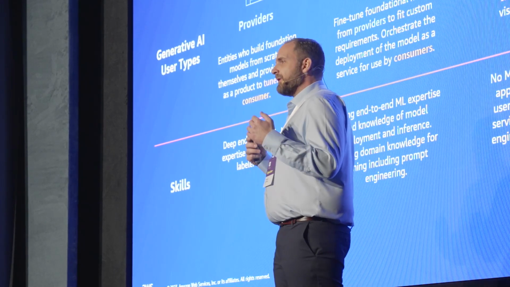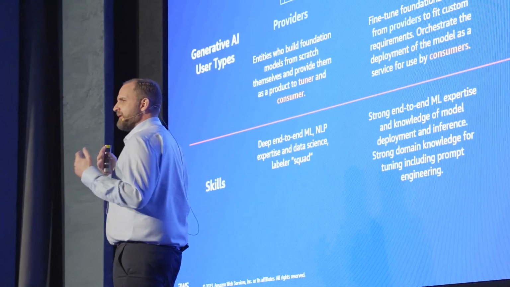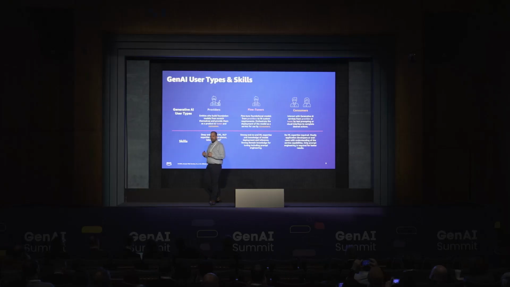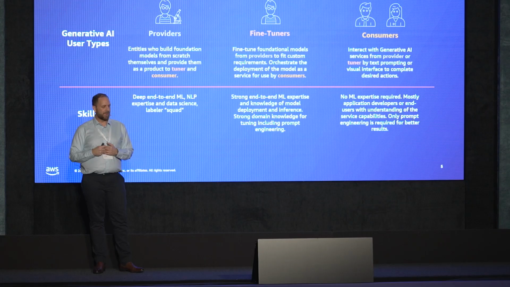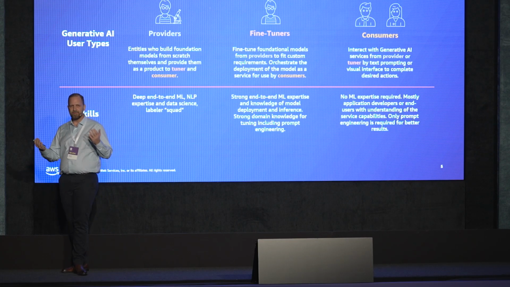We have the fine-tuners. The fine-tuners are the ones that are using the models from the providers. They know about machine learning because actually they need to retrain the model somehow, and they need to have the end-to-end life cycle of machine learning implemented on their end. And lastly, we have the consumers. Most of the customers are consumers, so it is around 80%.